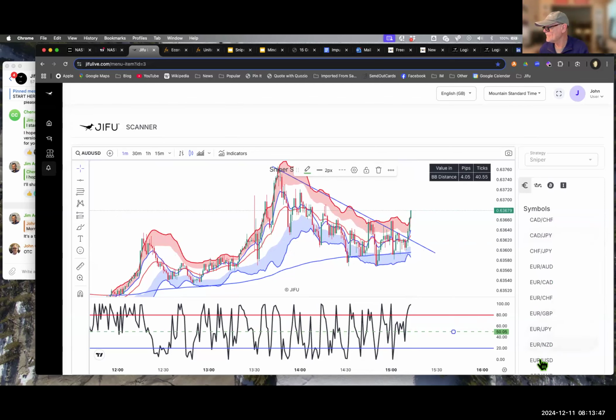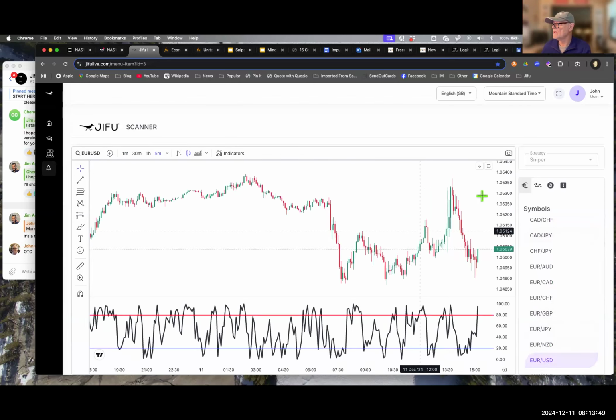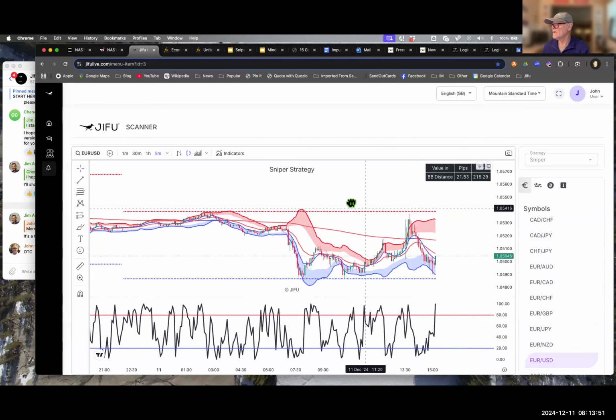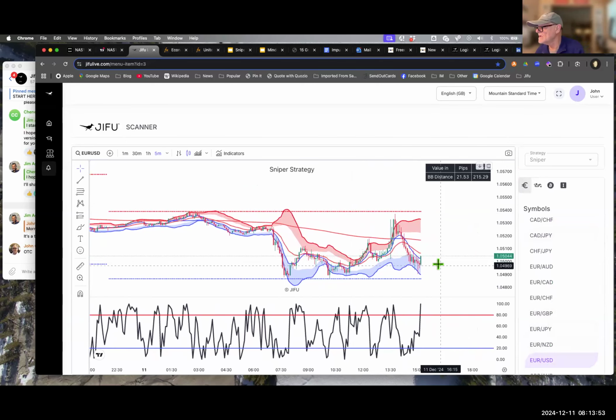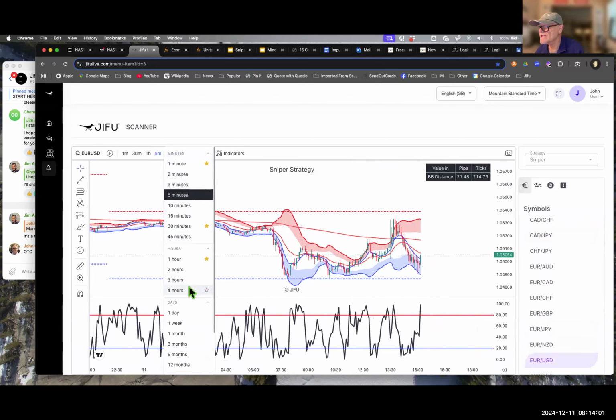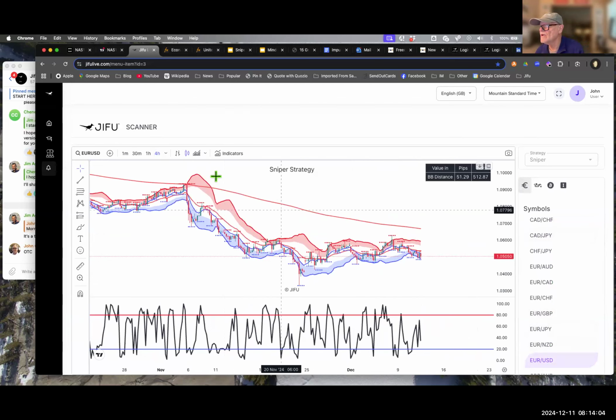USD. And now we are in, this is the 1 minute again. So let's go to the 4 hour. Look where we're at. We're very high up here, the 4 hour.